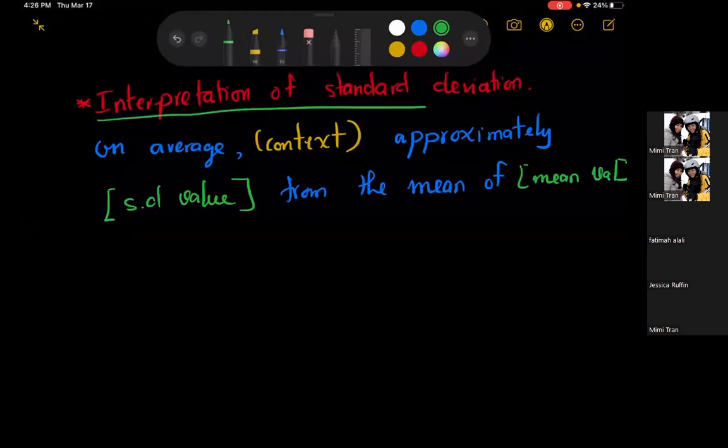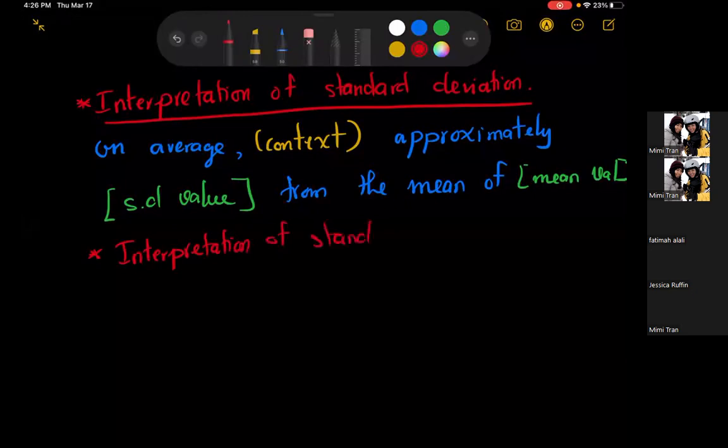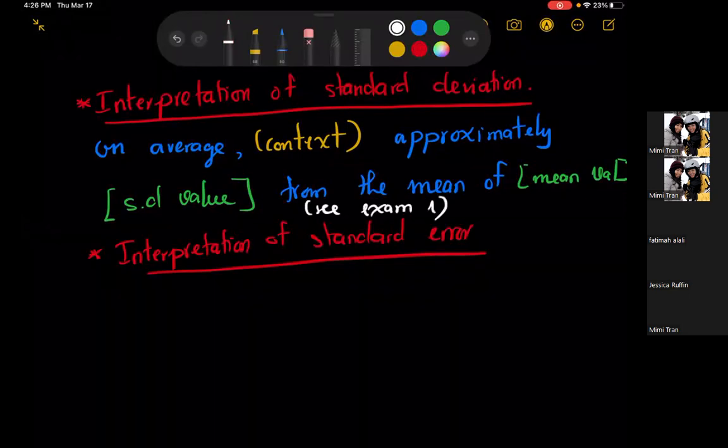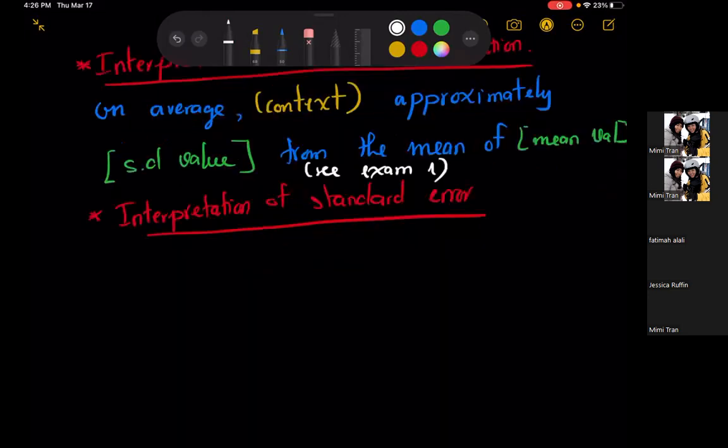What about the interpretation of standard error? By the way, exam 1 is on there. Remember that? Interpretation of standard error. What does standard error stand for? What would you use standard error for? What did I say before?